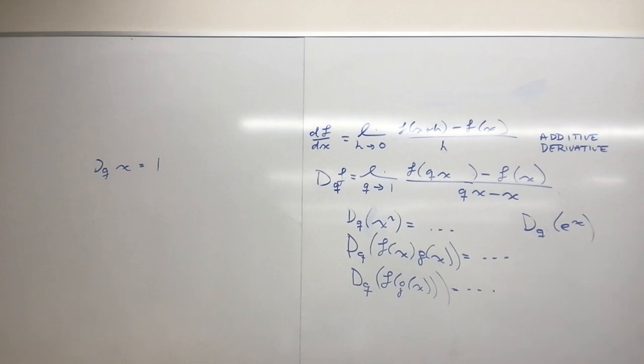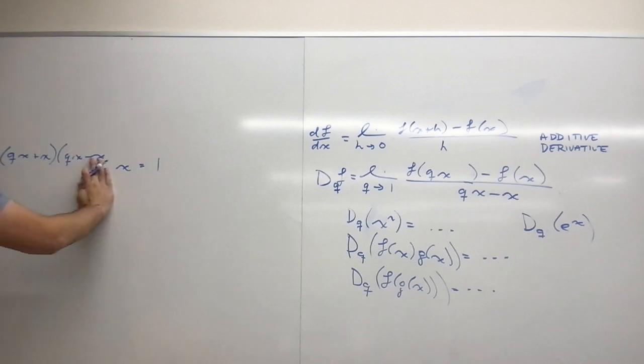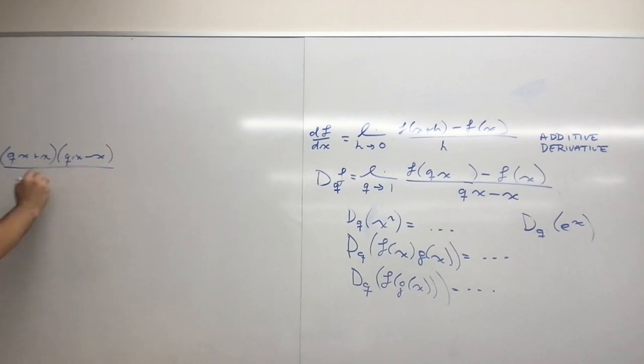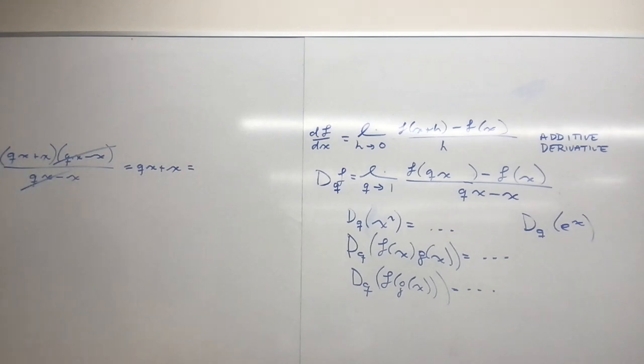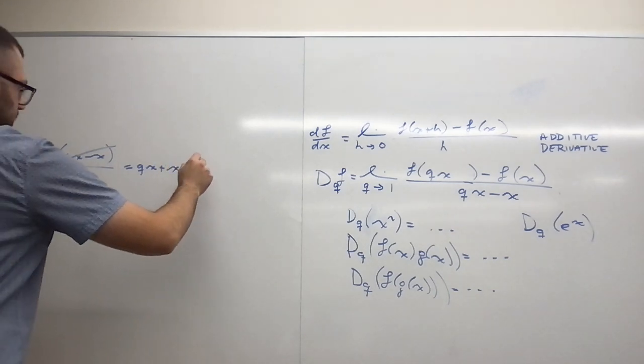Because for example, if you did x squared, you would get q squared x squared minus x squared over qx minus x. The top becomes a difference of squares. The bottom is the same. This cancels with this. Is it just 2x?